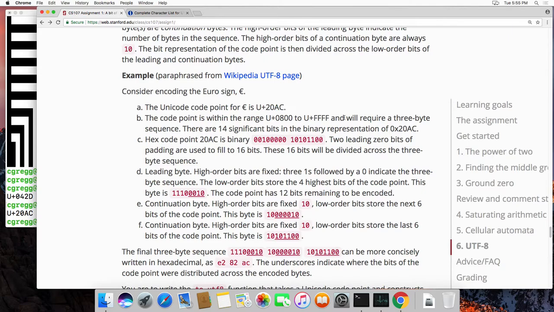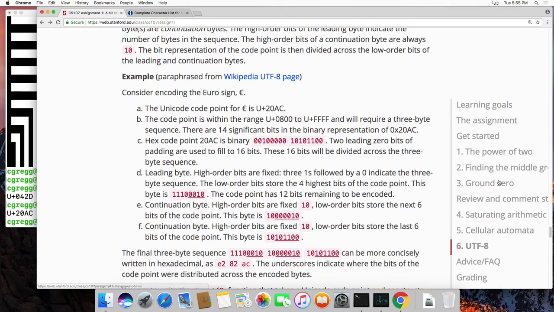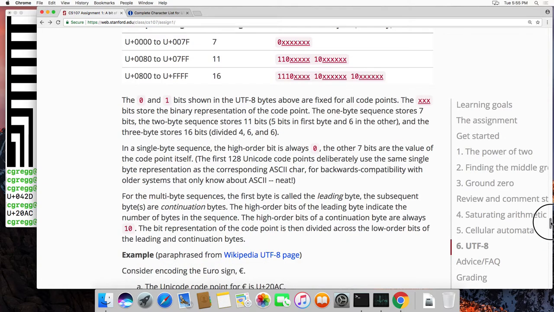Well, where do those 3 bytes come from? We can look at the actual 20AC, and this is how many bits we have in there. There happen to be 16 that are significant. And remember, we said that in this case there were 16 significant bits.